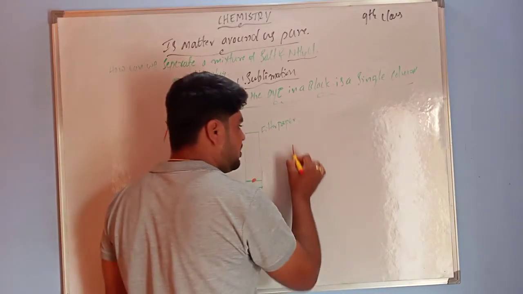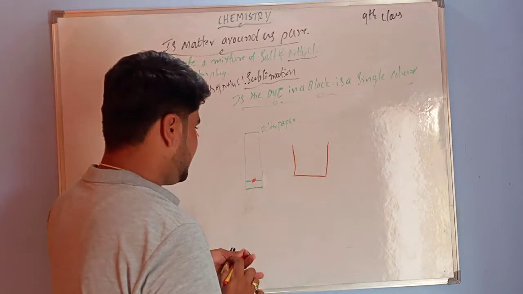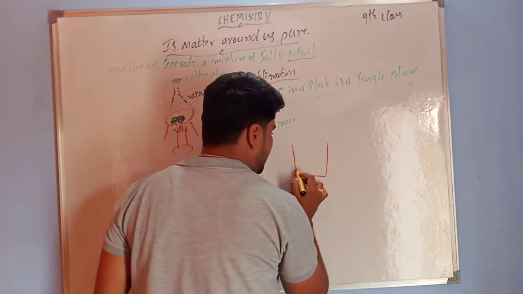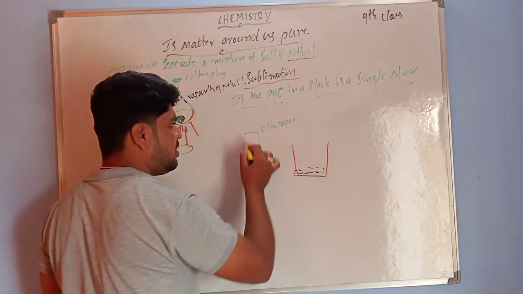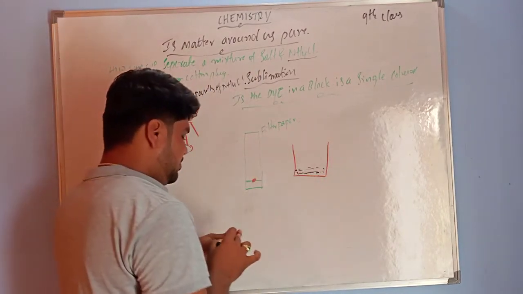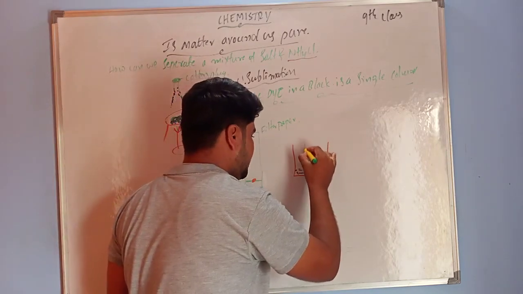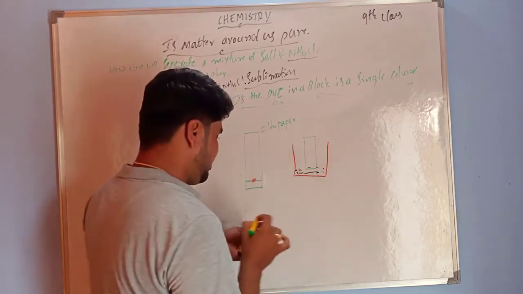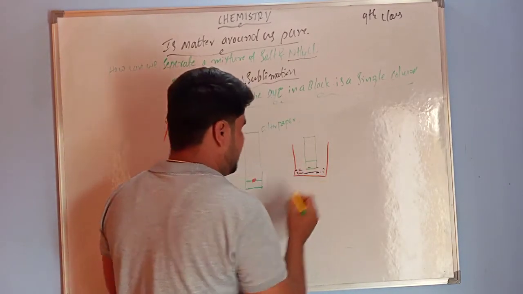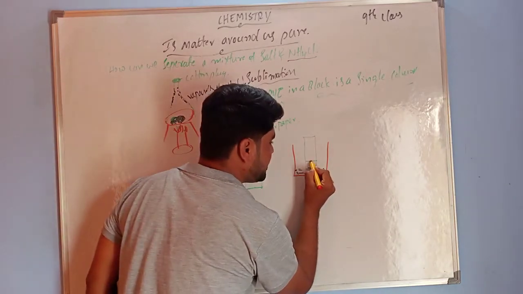Next, I am taking a beaker. In this beaker, water is present. Just set up this filter paper inside the beaker. This is the filter paper, this is the line, and we have an ink drop.